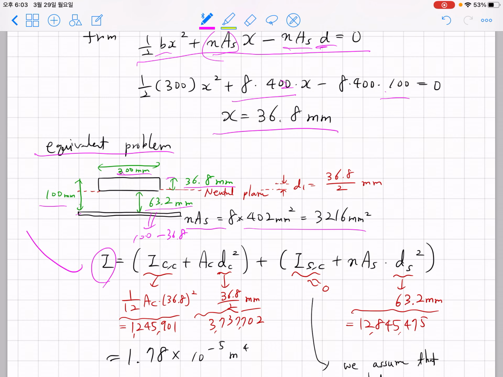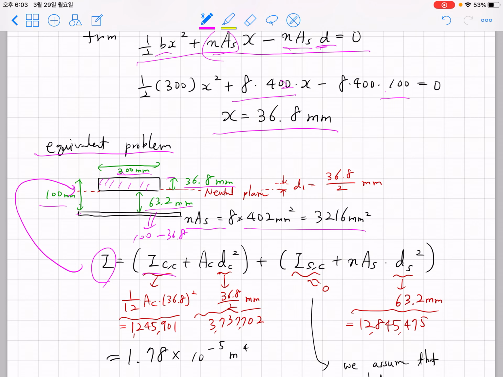So the next step, after obtaining the centroid, is to obtain I with respect to this plane. Regarding the upper part, we first obtain the area moment with respect to the centroid of itself.